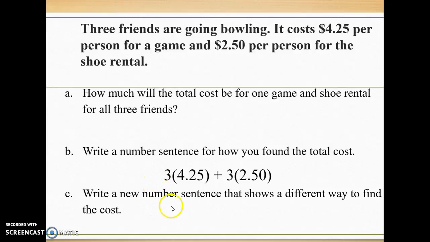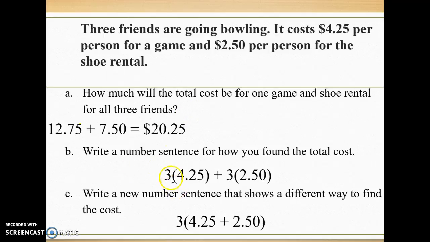The second one is if I find how much the shoe rental and the game cost first for one person, and then multiply that by how many people are going. If I use the first way, I will have 3 times 4.25, which is 12.75, plus 3 times $2.50, which is $7.50.